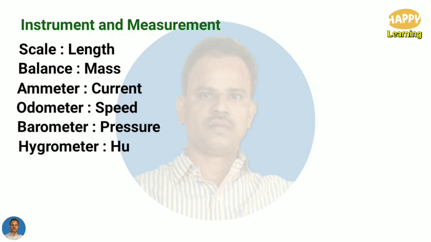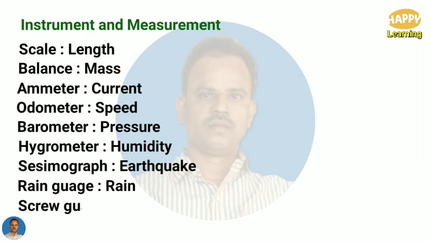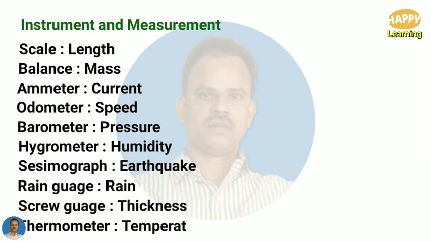Hygrometer is used to measure the humidity. Seismograph is used to measure the earthquake. Rain gauge is used to measure the rainfall. Screw gauge is used to measure the thickness. And thermometer is used to measure the temperature.